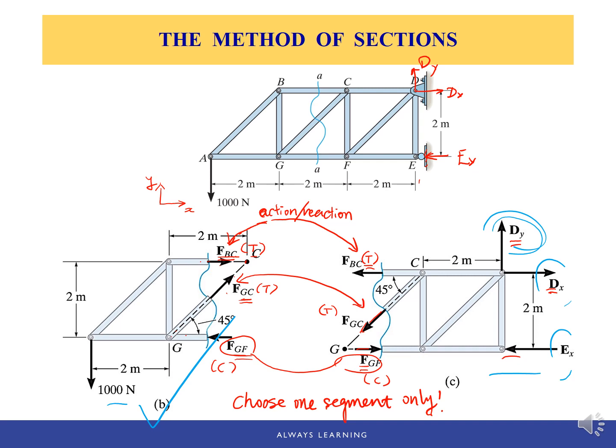For this entire truss, we don't have to think about the internal details, just look at the outline of this structure. We have one applied force, we have 3 unknown forces, and using the free body diagram of the entire truss, we can solve the 3 unknowns, and then we solve those internal reactions. So again, clearly the left segment is much easier to use.